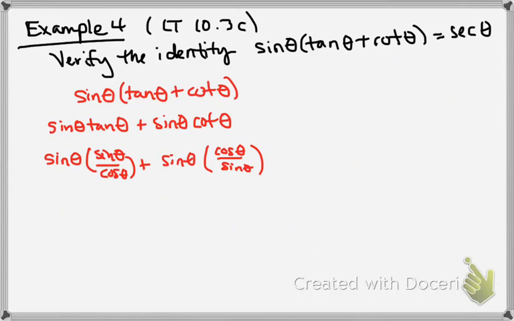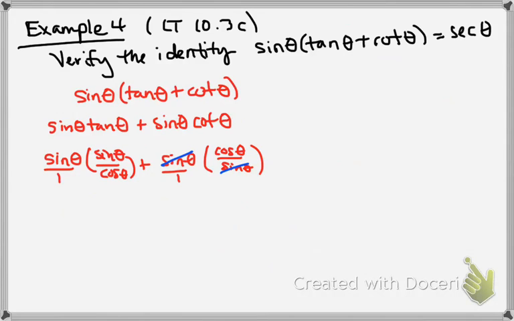So I'm just plugging in those identities. I'm going to go ahead and put the sines over 1. My second term, I've got a sine of theta, and the sine from the cotangent is on the bottom, so that actually cancels. So my sines are now gone there.